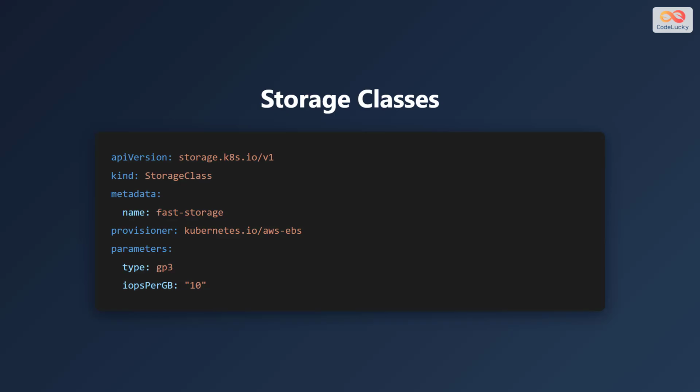In this example, we're using kubernetes.io/aws-ebs, which provisions Amazon EBS volumes. Under parameters, you can specify the type of storage, such as gp3 for general-purpose SSD storage, and set performance characteristics like IOPS per gigabyte to 10. Storage classes make it easy to offer different tiers of storage for different application needs.